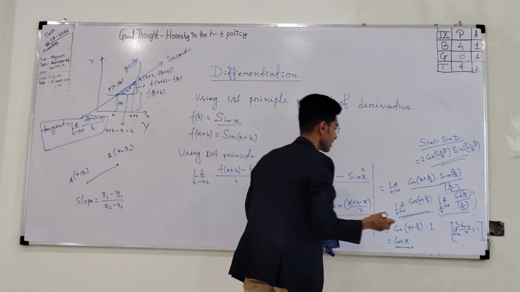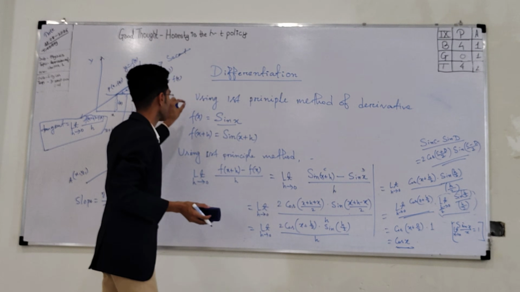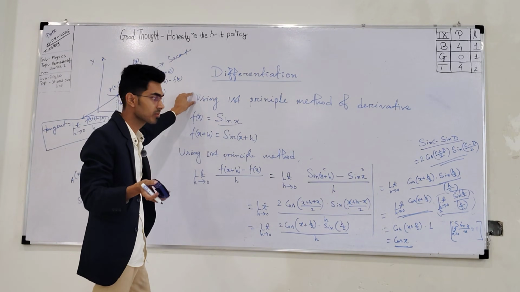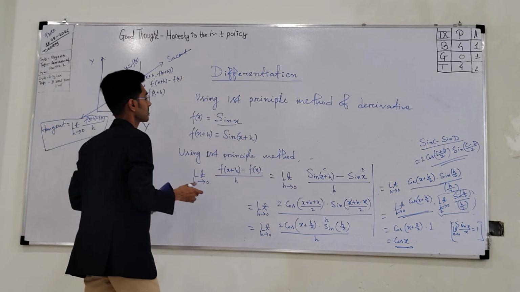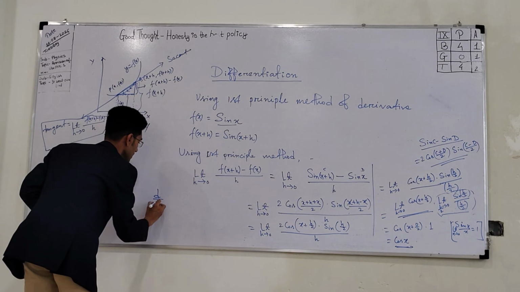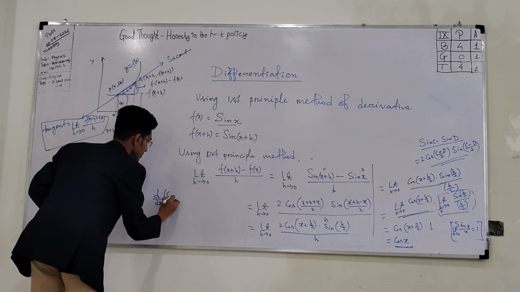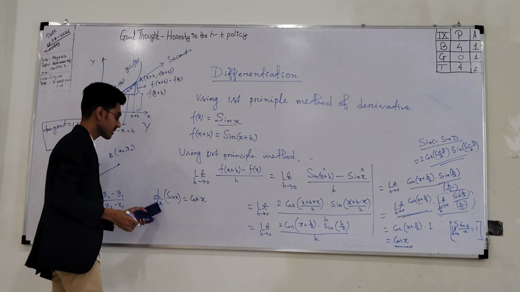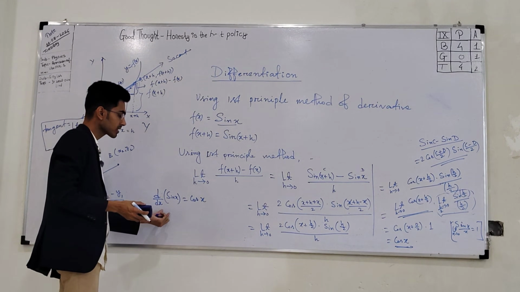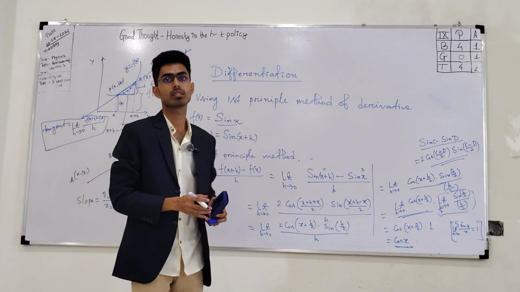So the final answer is cos of x. In that way we can calculate using the first principle method of derivative: d dx of sin x equals cos x. In that way we can calculate the other trigonometric functions. Thank you.